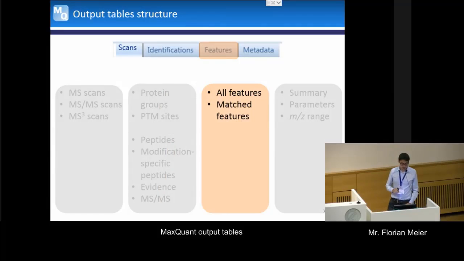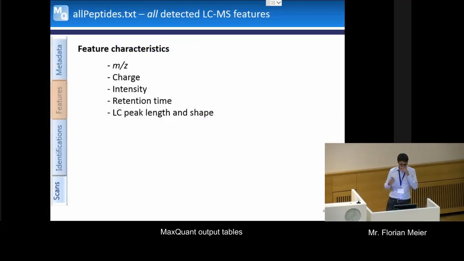Okay, so leaving the scans level and also leaving the identifications level, we move to the features. So the features, those are all the isotope patterns that were detected with this 3-dimensional algorithm. So meaning you have at least 2 isotope peaks, and you have it in at least 2 consecutive scans. And this is then what MaxQuant bases the quantification on, and also generates the accurate mass.